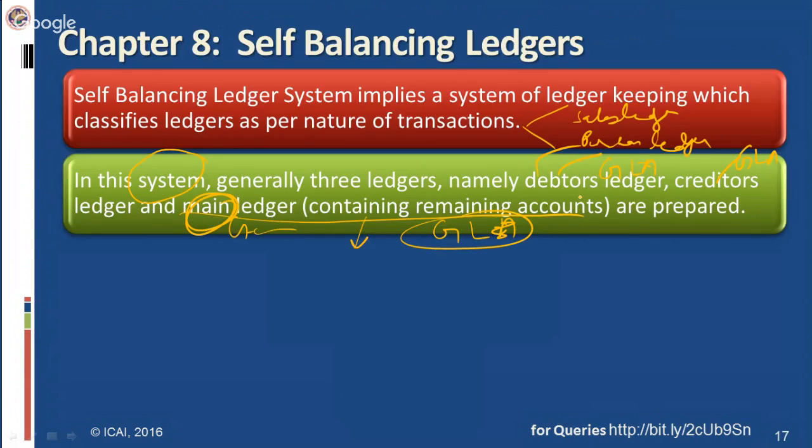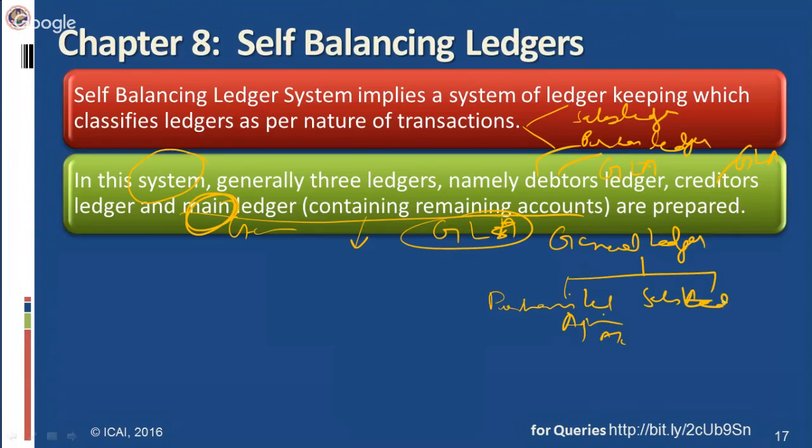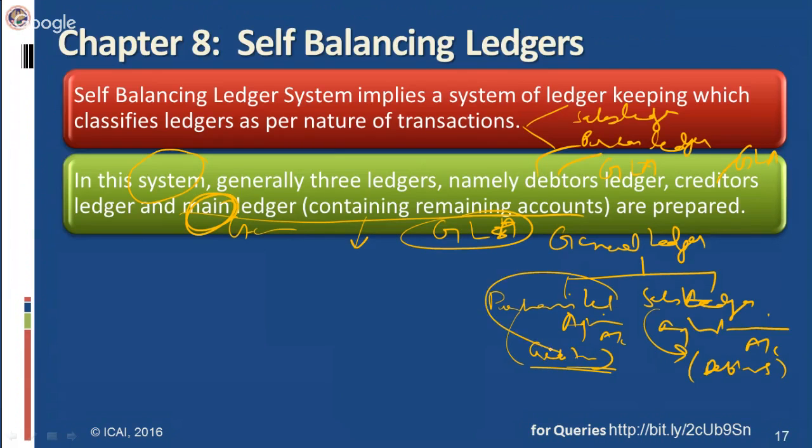So please understand how the cycle works. This is the general ledger. In the general ledger, we have the purchase ledger adjustment account and the sales ledger adjustment account. The sales ledger adjustment account can also be called the debtors ledger adjustment account. The purchase ledger adjustment account can also be called the creditors ledger adjustment account. The balance of this account in the general ledger should match with what?